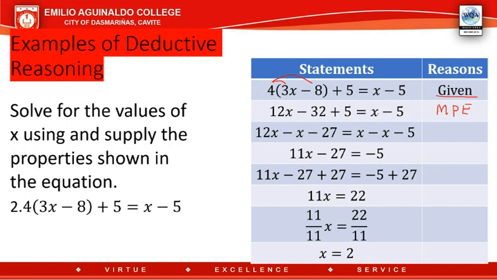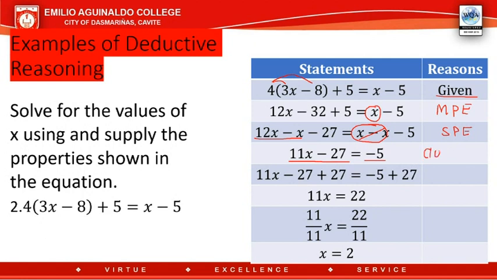For us to be able to get rid of the x on this side, we have to apply subtraction property of equality. So if you can see, this will now be eliminated, and we can now have 12x minus x. It will give us 11x minus 27 is also equal to negative 5. This one will be our closure property.